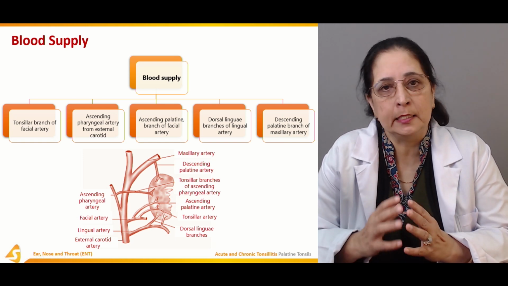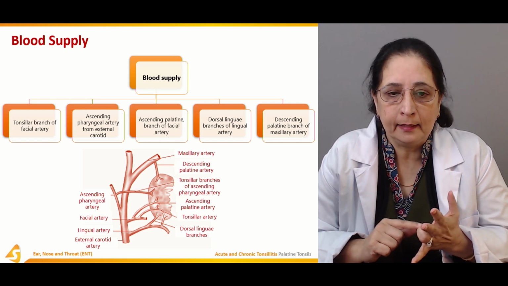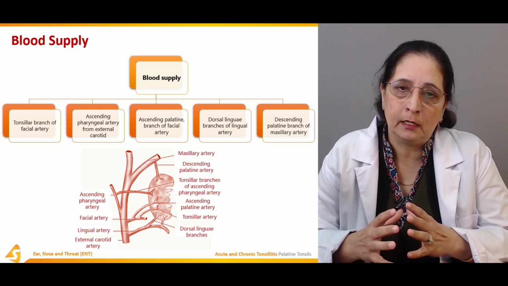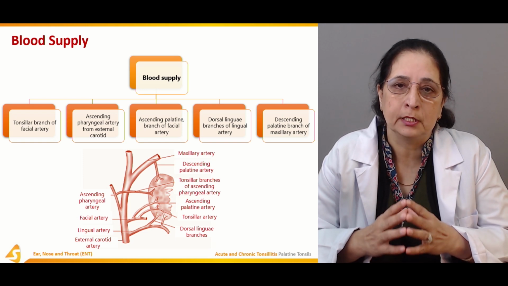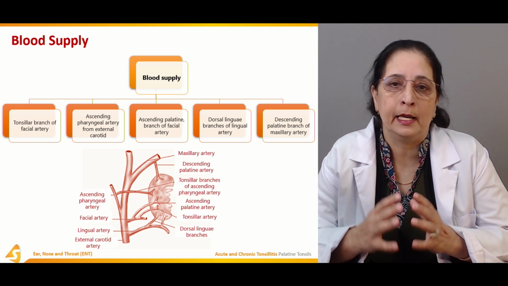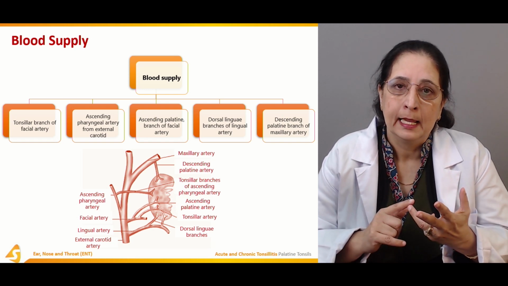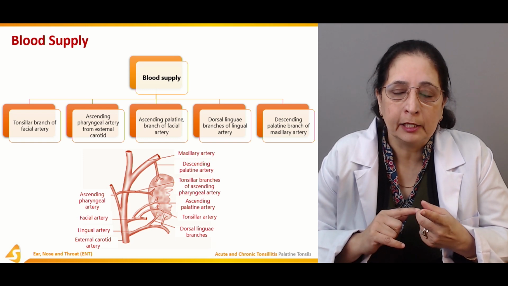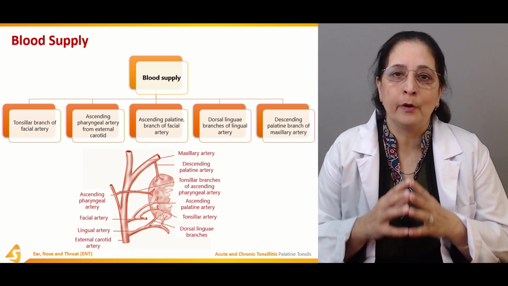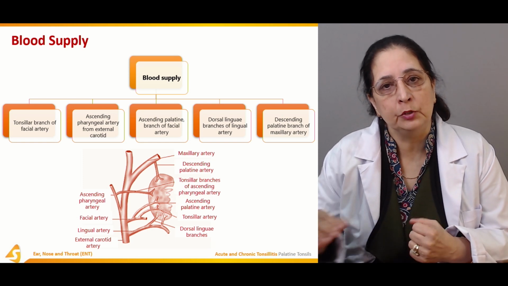So the main blood supply of the tonsils is from the facial artery, maxillary artery, external carotid, and the lingual artery. These are the four major arteries that give branches that supply blood to the tonsil.